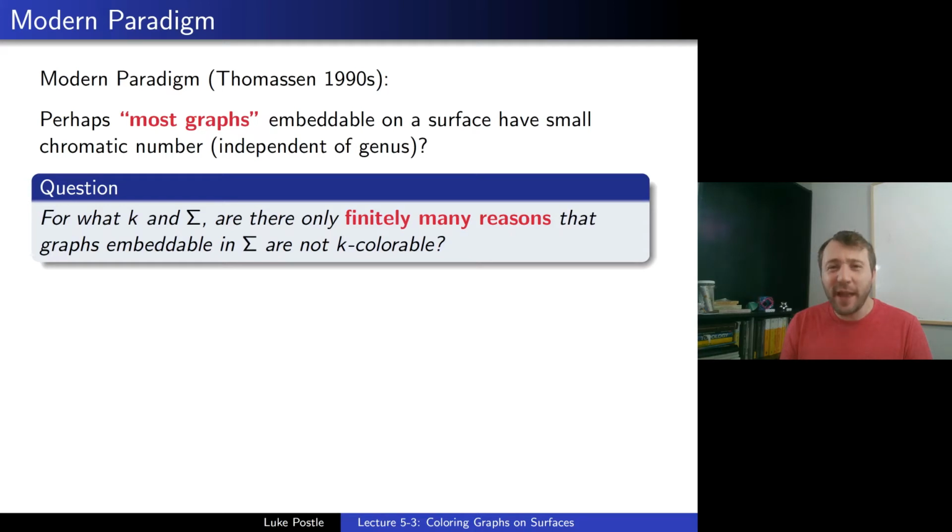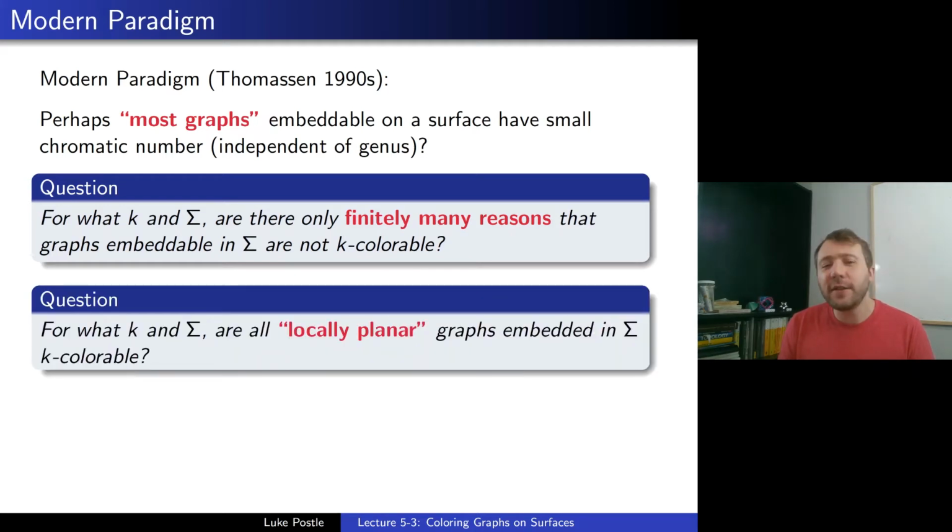Okay, if you're not happy with that one, here's a different take. You could ask for what k in Σ are all locally planar graphs embedded in Σ k-colorable. So maybe the problem, again, is that with these large cliques, embedding is somehow they're using up a lot of the surface. They're not a typical graph on a surface. Maybe you would think a typical graph would kind of be locally planar.